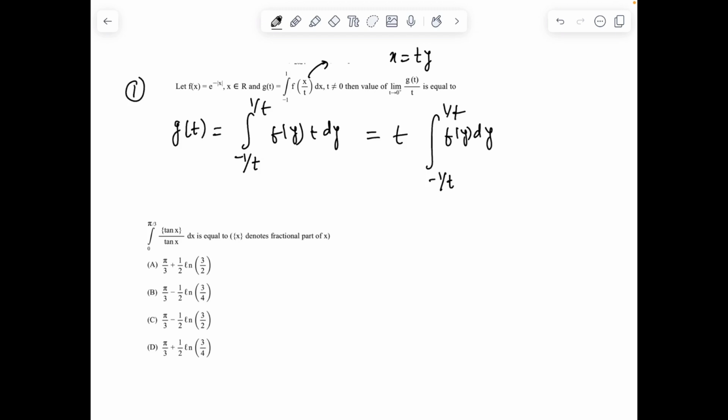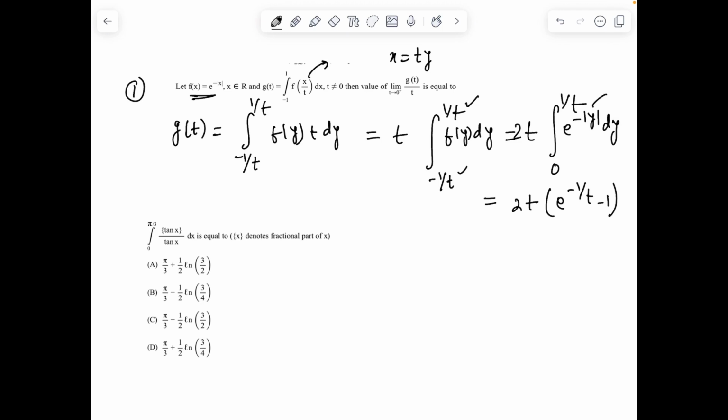Now since the function is already known to us, this amounts to t times the integral of f(y) e to the power minus |y| dy, and we have even functions, so I can write it's 2 times the integral from 0 to 1/t, and this gets evaluated easily to 2t (e to the power minus 1/t minus 1), because y is positive now, so you can clearly open mod y as y.